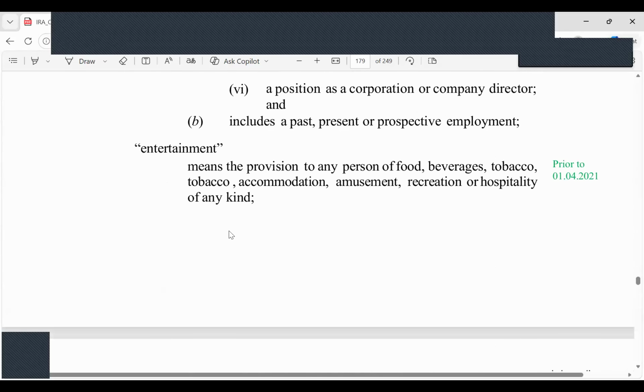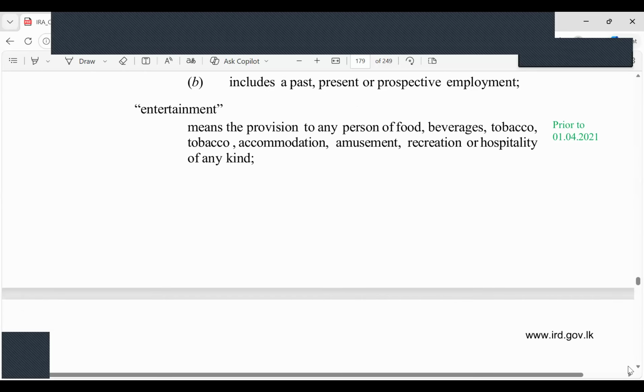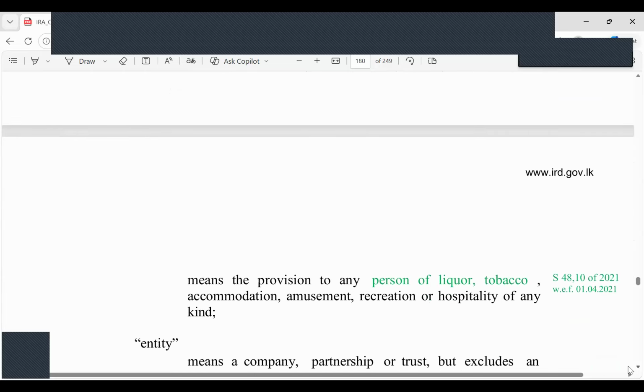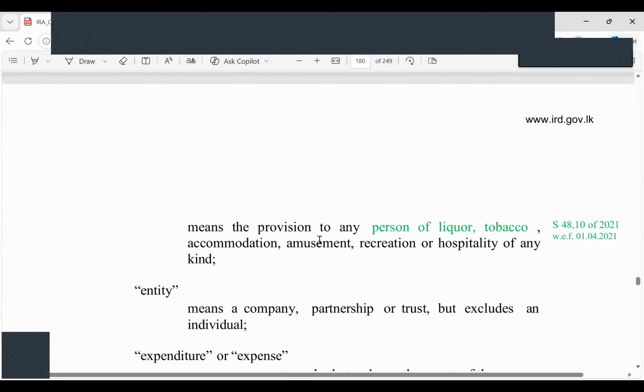Here entertainment means the provision to any person of food, beverage, tobacco, accommodation, amusement, recreation, or hospitality of any kind. So this is prior to 2021. After that we made some amendment to that one. So it is like this: the provision to any person of liquor, tobacco, accommodation, amusement, recreation, or hospitality of any other kind.